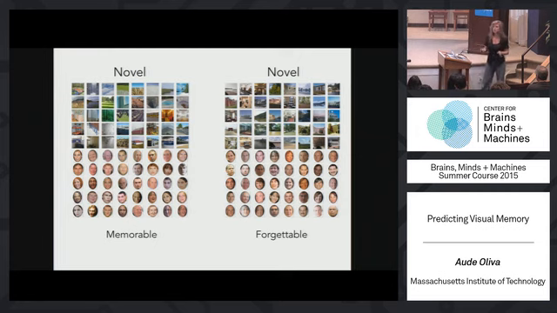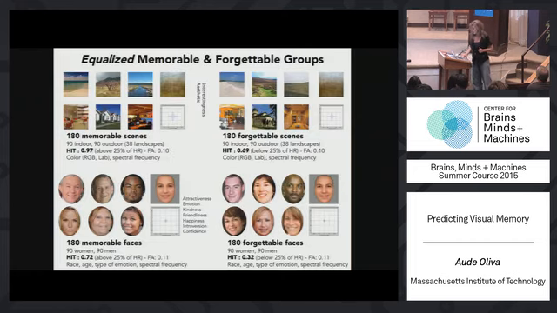So we're going to look at the contrast from novel image minus novel image, scenes minus scenes, faces minus faces, except that some images are highly memorable and some others are highly forgettable. Another factor you have to look at is that within those groups of images, there are a lot of image features that correlate with those.